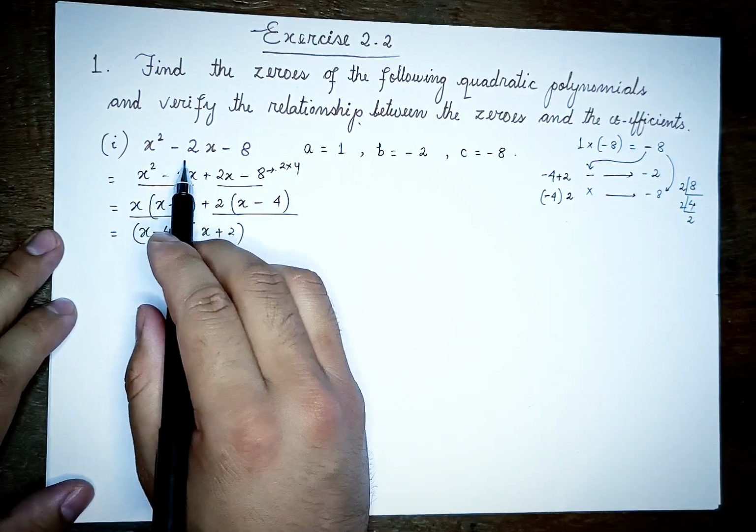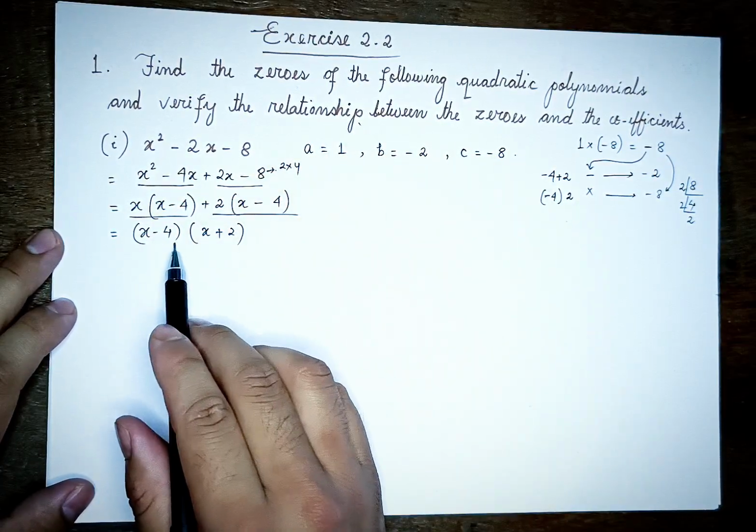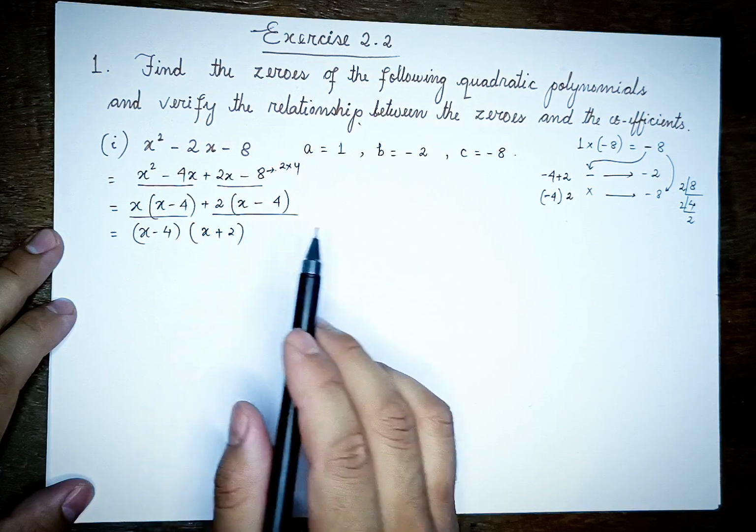The value of x square minus twice x minus 8 is 0 only when x minus 4 is equal to 0 or x plus 2 is equal to 0.